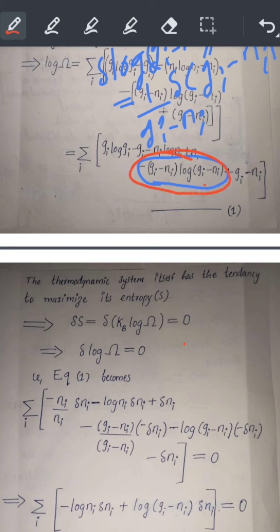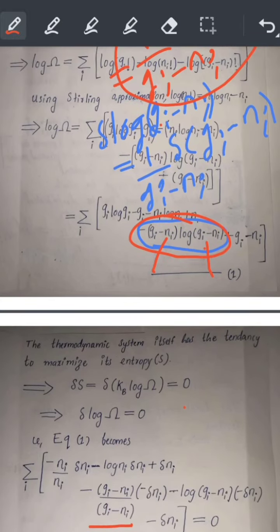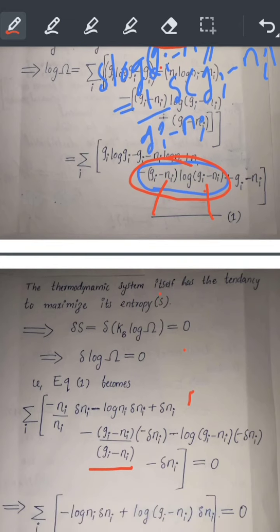This is the first function, gi minus ni, and log gi minus ni is the second function. So first function gi minus ni into the differential of log gi minus ni, that is 1 by gi minus ni times minus delta ni. Look here, minus delta ni. And the second function, log gi minus ni, into the differential of the first one.